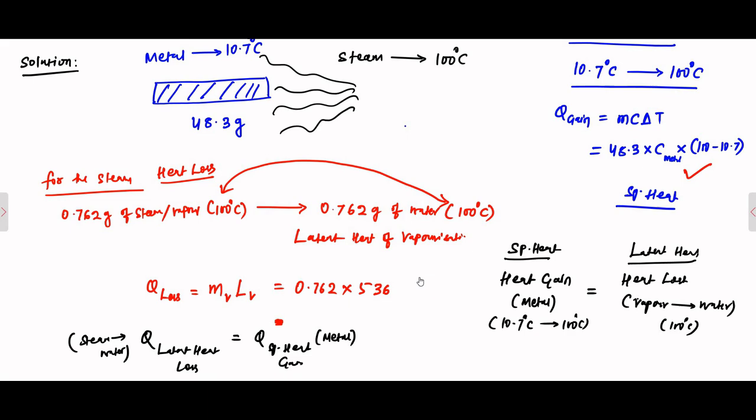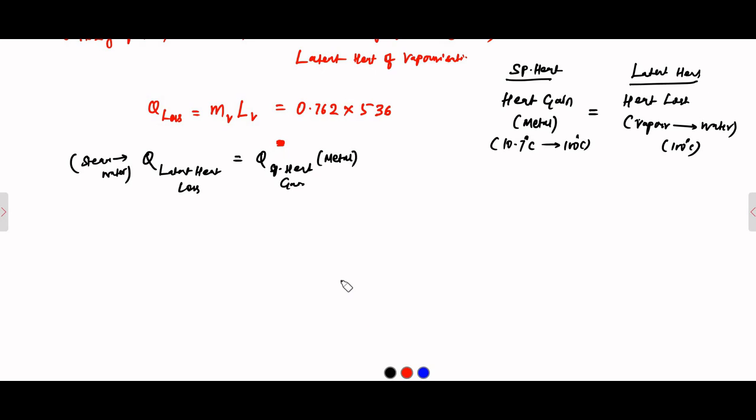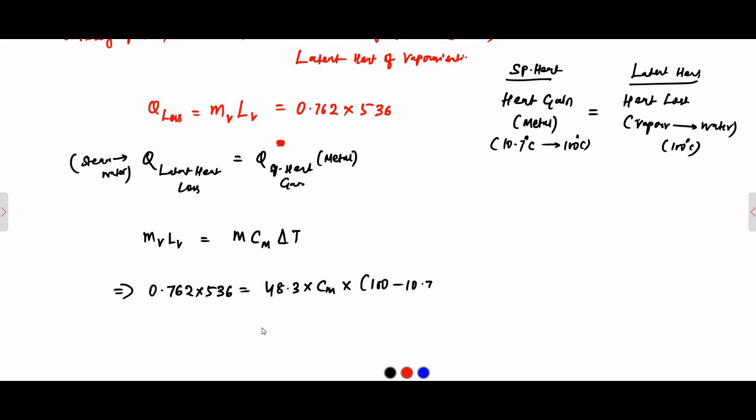So simply that implies mvLv is equal to mCmΔT, the specific heat of the metal. That implies 0.762 into 536 is equal to 48.3 into Cm, that is specific heat of metal, into 100 minus 10.7.